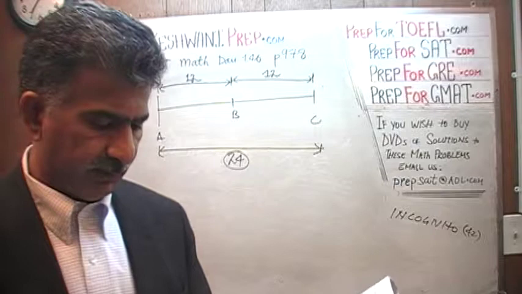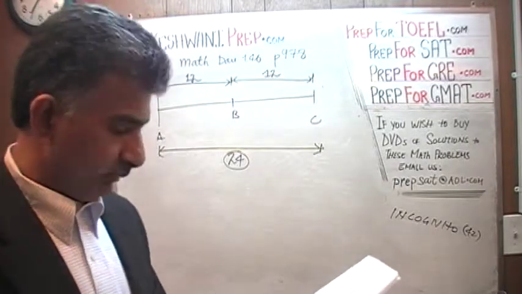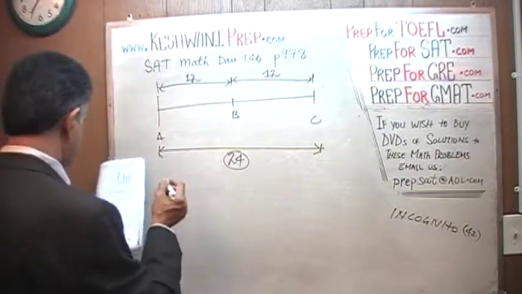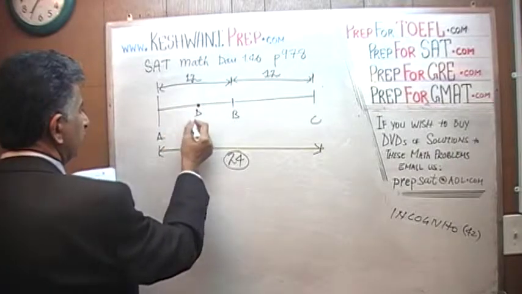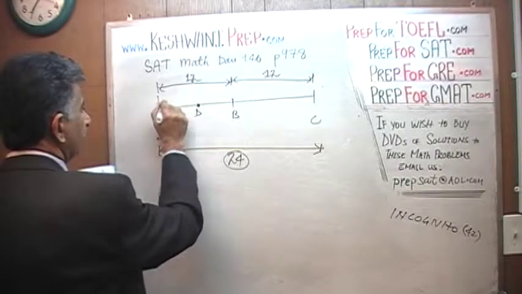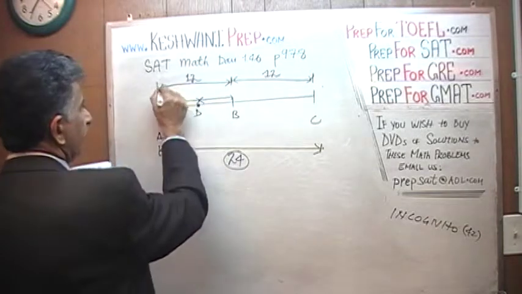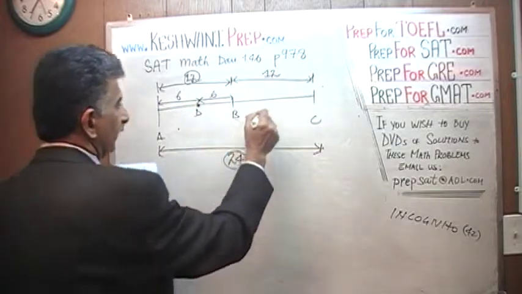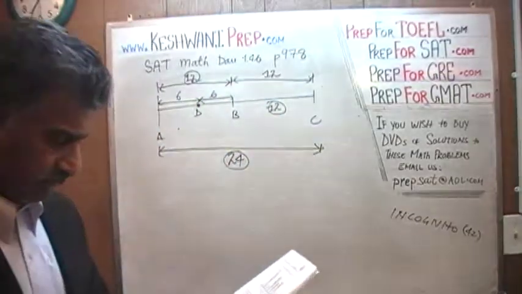So D is somewhere between A and B, but it's not just any old point. There is a condition we have to meet such that A to D has to equal D to B. In other words, D falls right in the middle here. A to D, this distance here, has to equal this distance here. Since A to B is 12, this is 6 and this is 6. And this is 12 from B to C. What is the question asking?